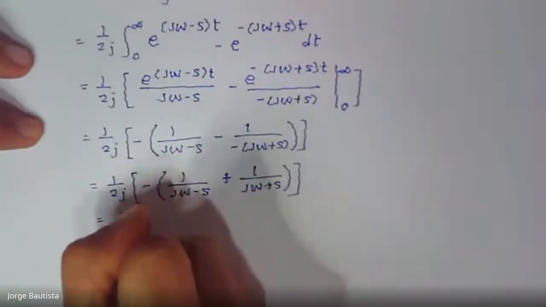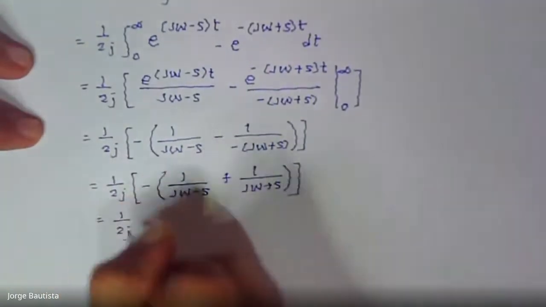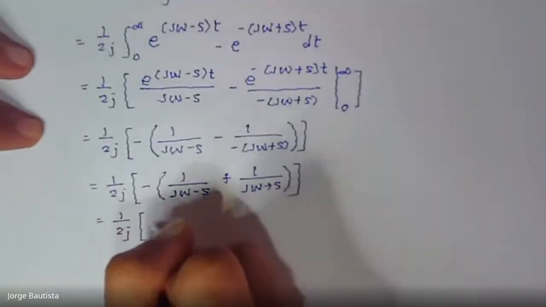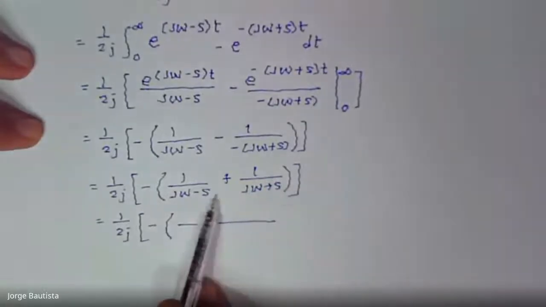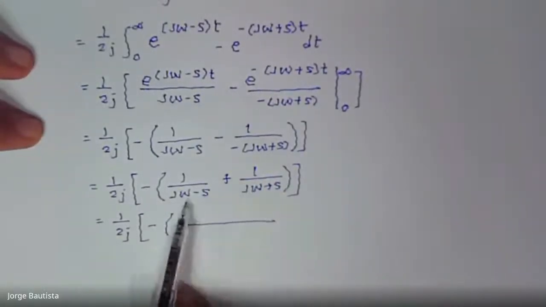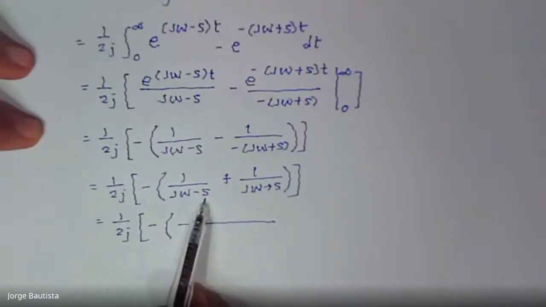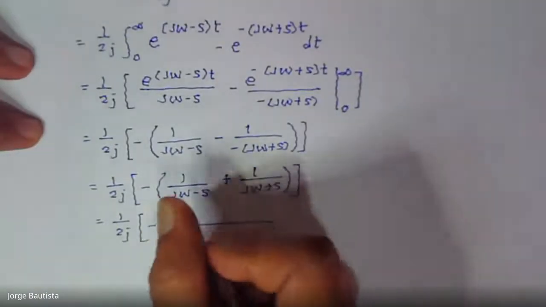So, 1 over 2j minus pa rin. Common denominator nito. Ano ba ang common denominator nito? So, that is j omega minus s multiplied by j omega plus s. Diba? Okay?